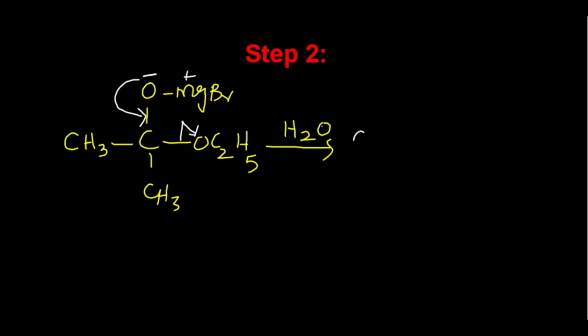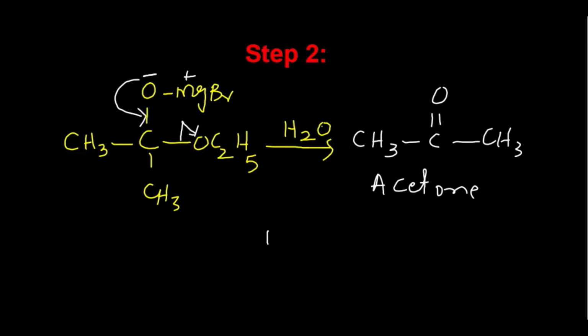So after this reaction, we get CH3 C double bond O CH3, that is acetone. Acetone is formed, students, right? Another molecule which is formed is ethanol, that is C2H5OH, plus we get hydroxy magnesium bromide.